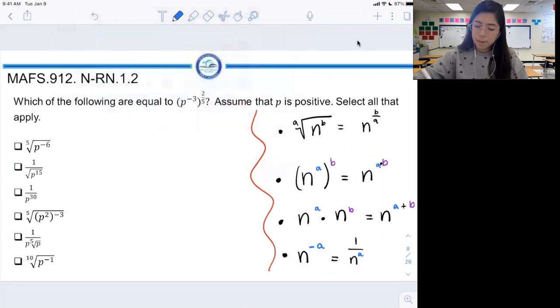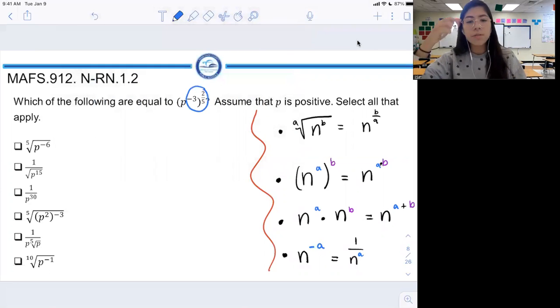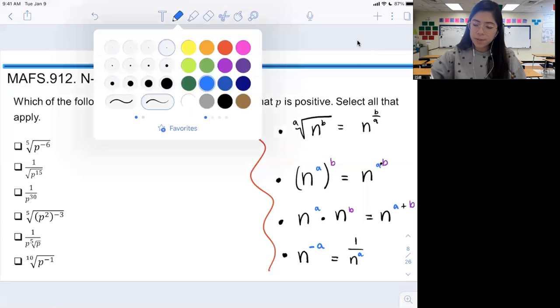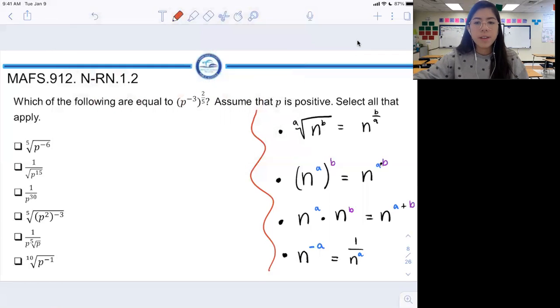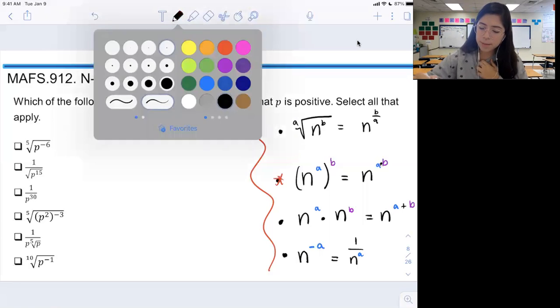So should I be multiplying -3 times 2/5, or adding -3 and 2/5? Multiplying. Which of these rules does that correspond to? The second one, the power of a power. So this would become, what's -3 times 2/5?